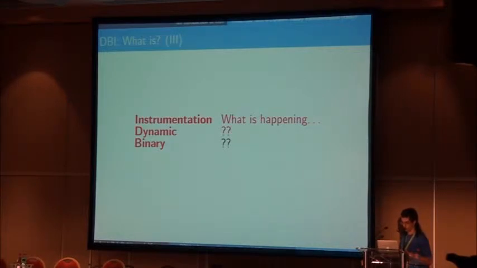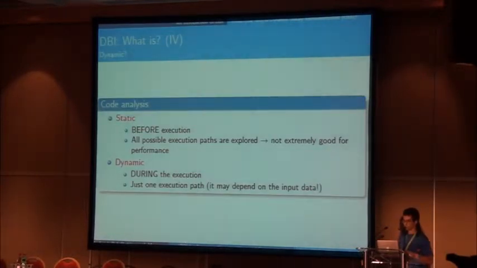What about dynamic? We have two kinds of code analysis. Either static, which means that we are going to analyze the code before the execution. In this case, we are analyzing all the possible execution paths of our binary. So this is not extremely good for performance. The more paths you have, the more time you will spend, so not so good.